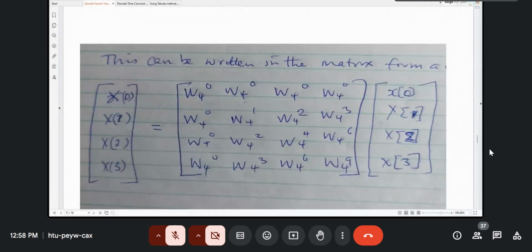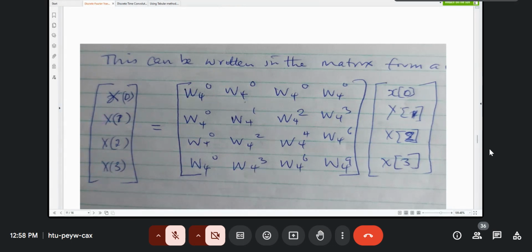Because we know x of 0 is w4 of 0, x of 0, w4 of 0, x of 1, w4 of 0, x of 2, w4 of 0, x of 3.